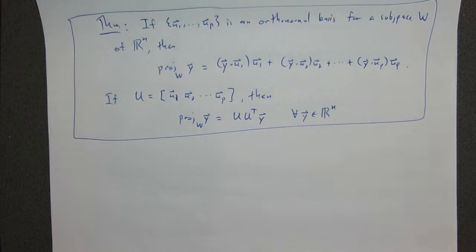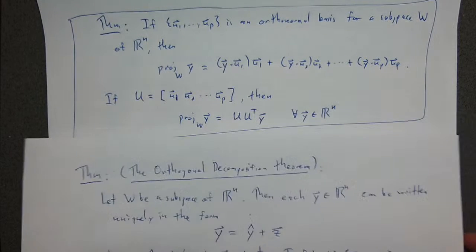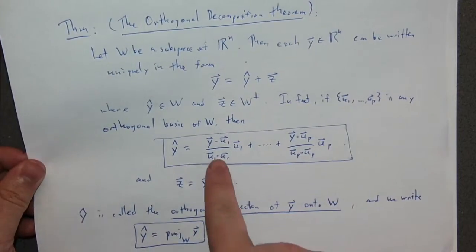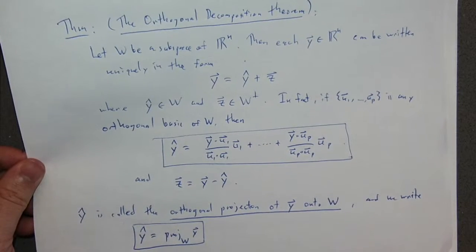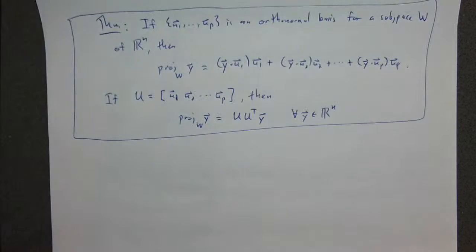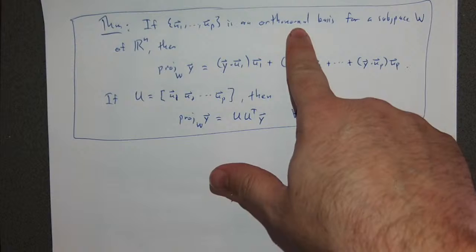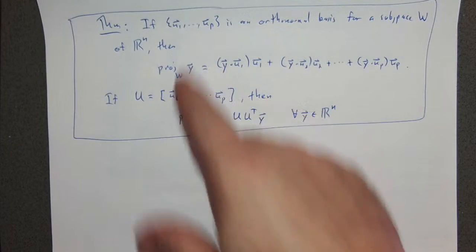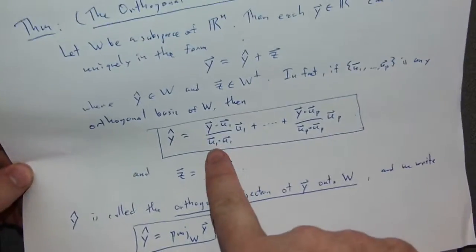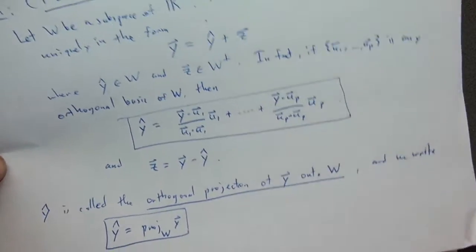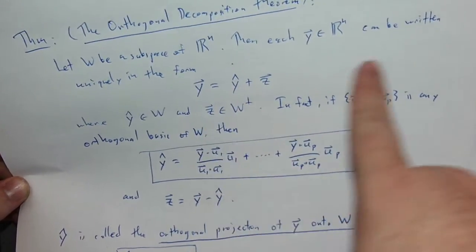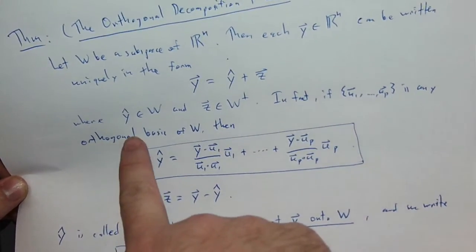This is obvious, right? Let's go back to our statement of the orthogonal decomposition theorem. Well, this is the orthogonal decomposition theorem where all these denominators are now 1, because this is an orthonormal basis, and so all of these vectors have length 1. If they have length 1, then their dot product with themselves is 1. So literally this is just the orthogonal decomposition theorem with an orthonormal rather than orthogonal basis.